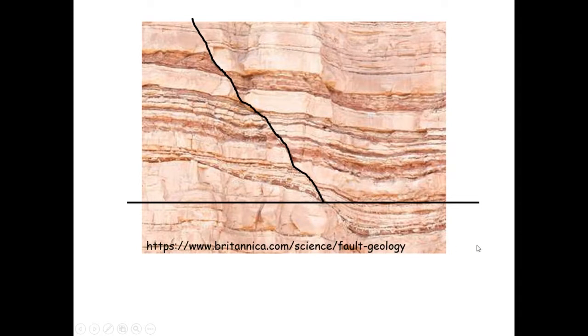So which side has the smallest angle? Well, it's over here on the left. And conversely, the right side of the fault line has the largest angle. So on the left side, since this is the smallest angle, this is our footwall. And on the right side, since this is our largest angle, this is the hanging wall.